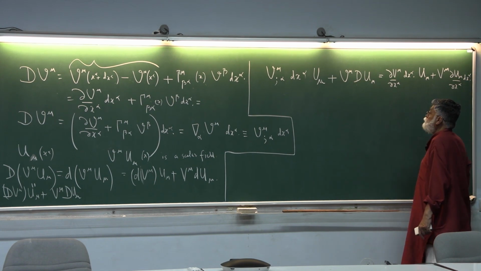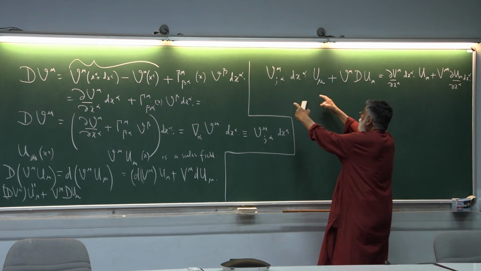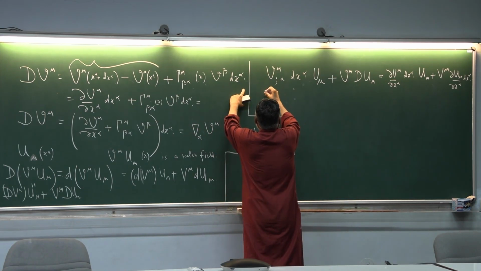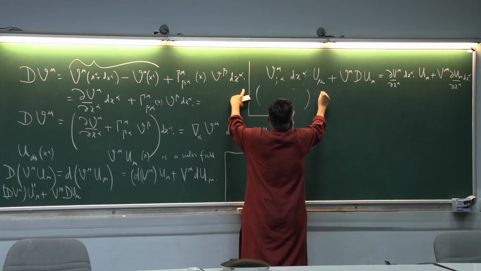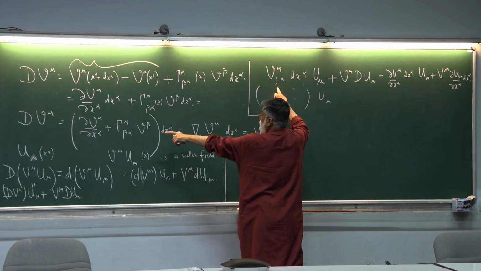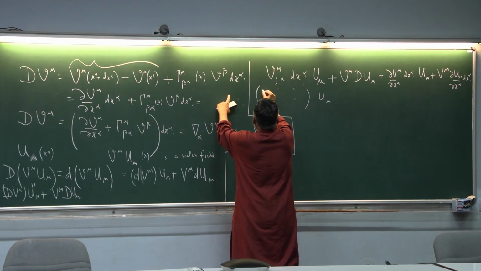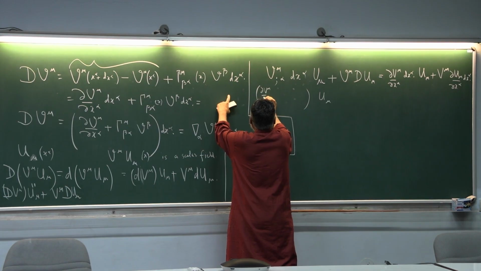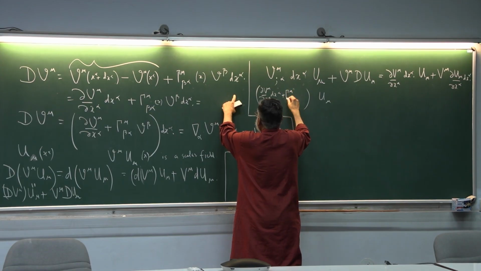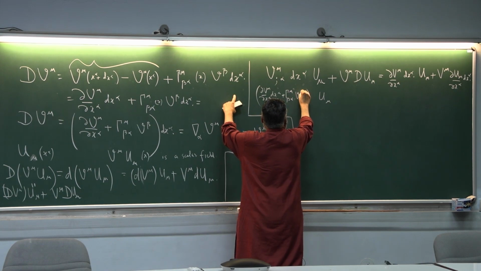Okay. Now let's expand this. What was this? This object was del v mu by del x alpha dx alpha plus Christoffel symbol gamma mu beta alpha v beta dx alpha.